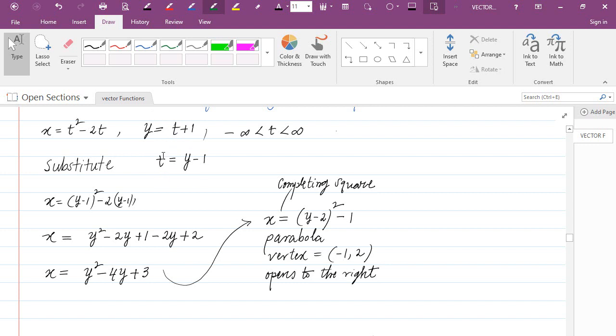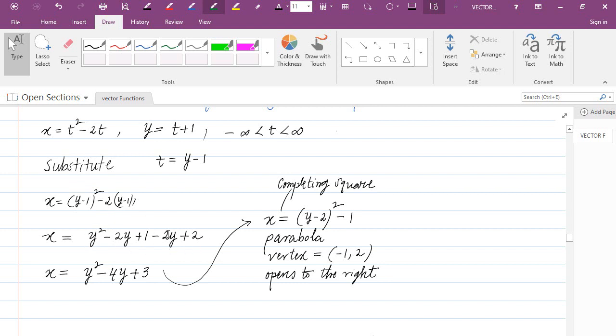And so t is y minus 1, and then substitute that in the formula for x. And if I do that, I get x is equal to (y minus 1) squared minus 2 times (y minus 1). And so then x would be, if I expand this square, y squared minus 2y plus 1. Here I get minus 2y plus 2.